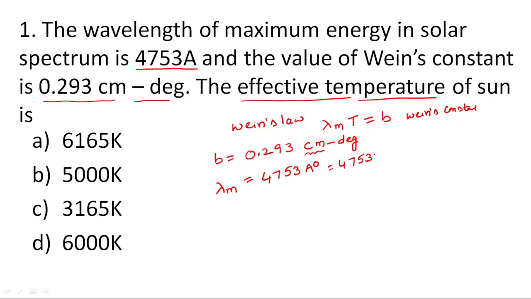So 4753 into 10 power minus 8 centimeters, because 10 power minus 8 centimeters is equal to 1 angstrom unit. It can also be written as 4753 into 10 power of minus 10 meters if b is given in meters.